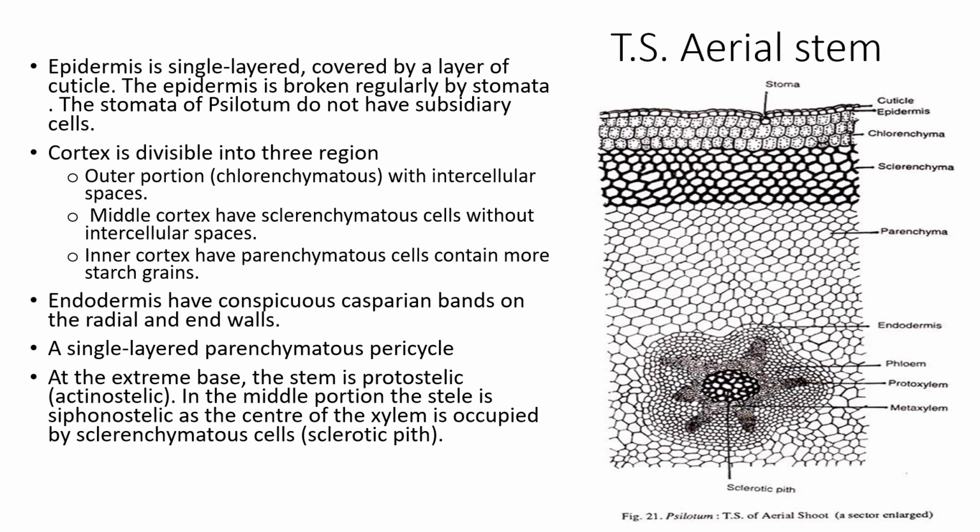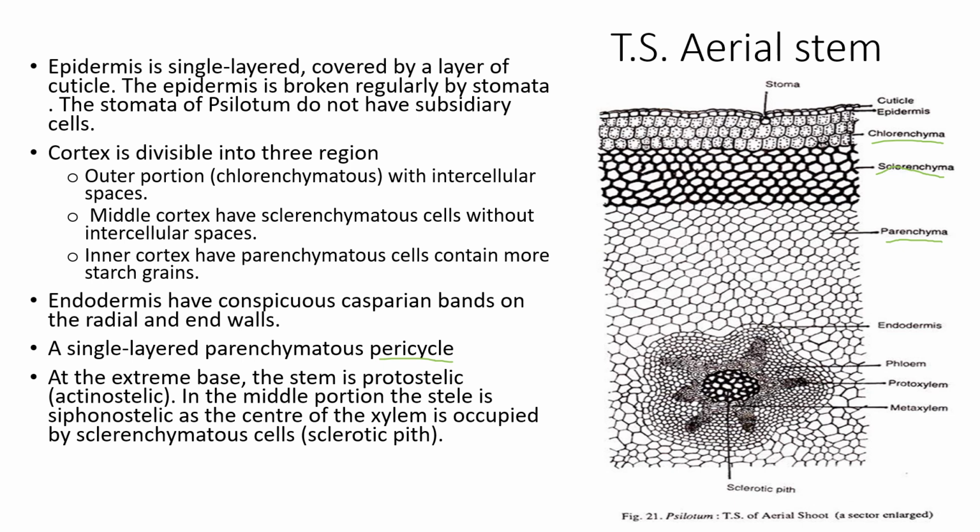The first zone is chlorenchyma for photosynthesis, then sclerenchyma in the middle cortex for mechanical strength, and the inner cortex for storage of starch. Then there is a single endodermis with Casparian strips. Then there is a single-layered parenchymatous pericycle.